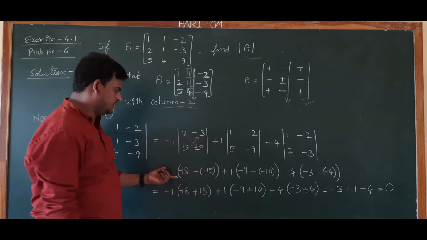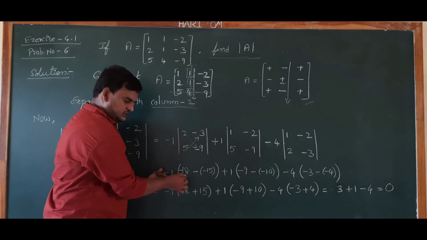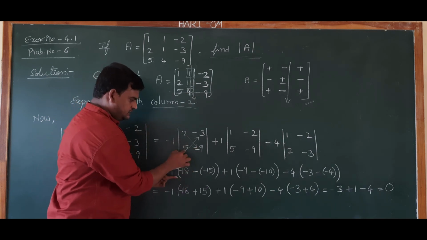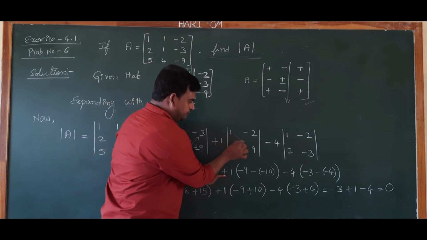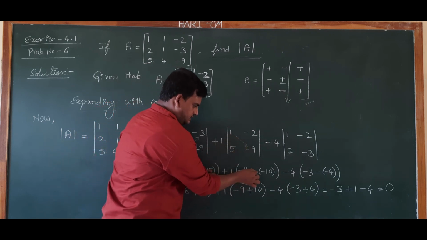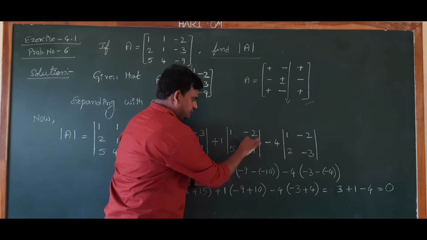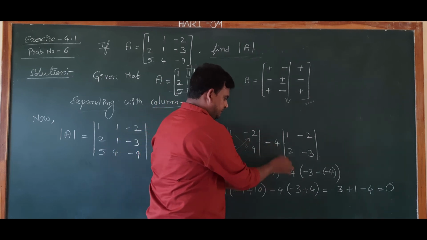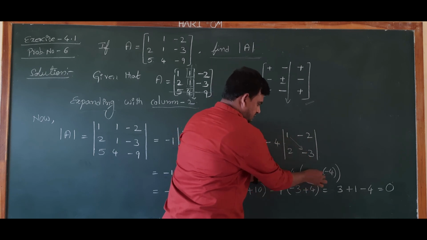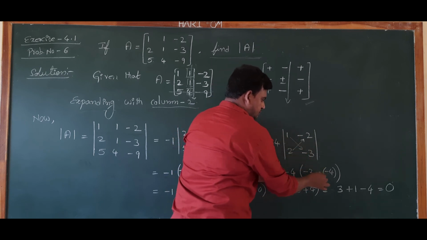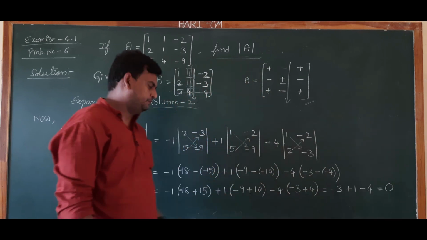So minus 1 into, as I told you, 2 into minus 9, minus 18, minus 5 into minus 3, minus 15. Now plus 1 into minus 9, minus 9, minus 5 into minus 2, minus 10, minus 4 into 1 into minus 3, minus 3, minus 2 into minus 2, minus 4.